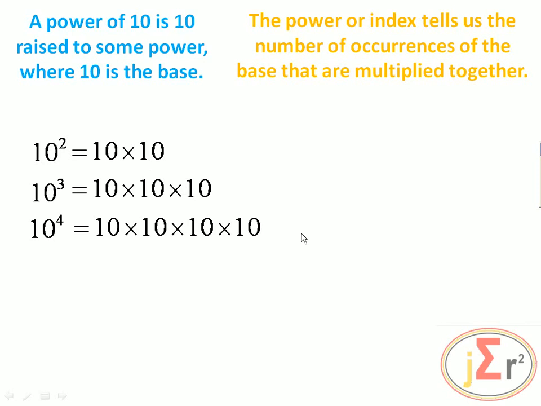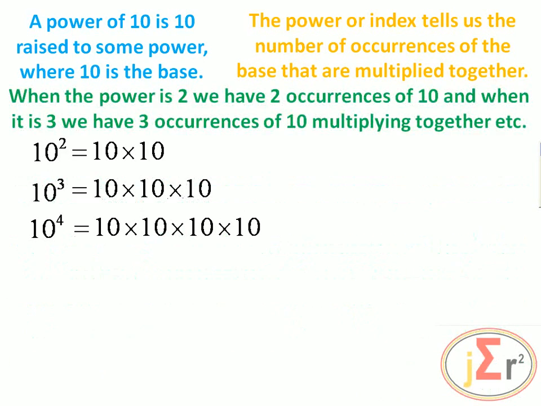Some students will say we have 4 tens multiplied together. It is not 4 tens, but 4 occurrences of 10, because we only have 1 10. But we may have a number of occurrences of 10. When the power is 2, we have 2 occurrences of 10.